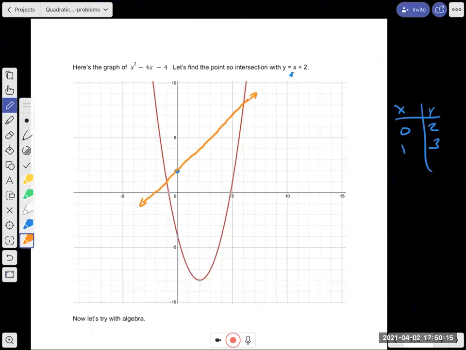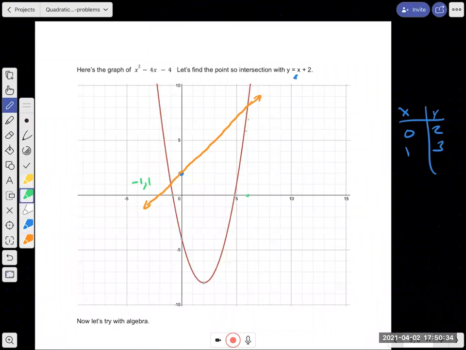And so it looks like I found these 2 points of intersection. Okay. So in fact, it looks like -1, 1. And up here, it looks like we have 6, 7, 8. Looks like we have the point 6, comma 8. Okay, and we can test those out and see.